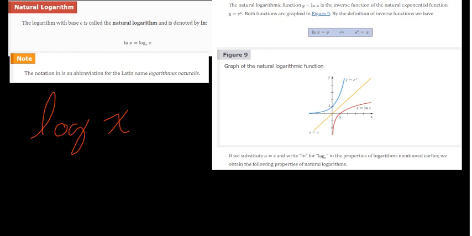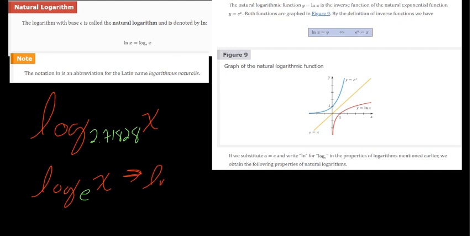Now if my base was 2.71828, which is an approximation of e, that is log base e of x. But instead of writing log base e of x, we simply write natural log.